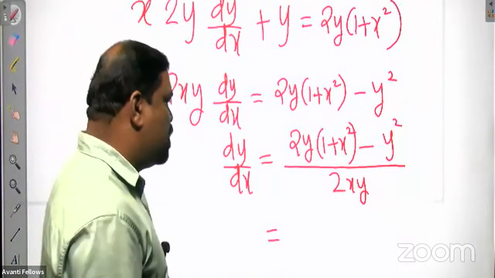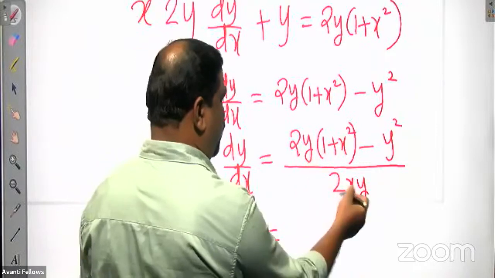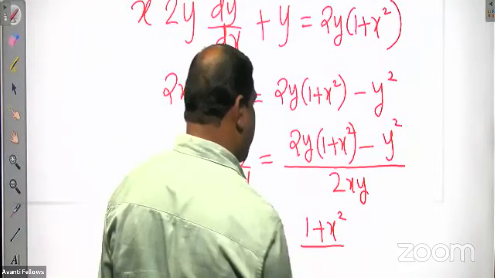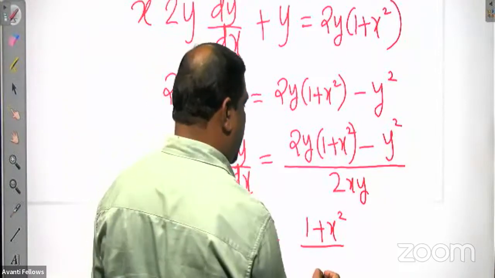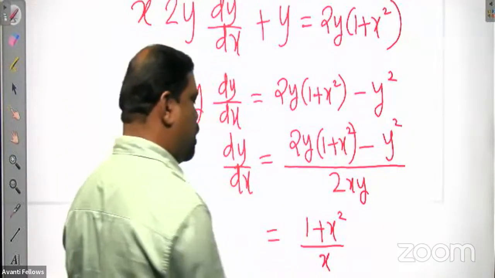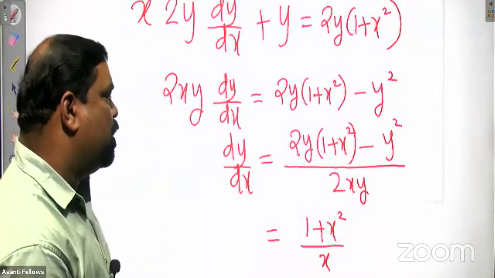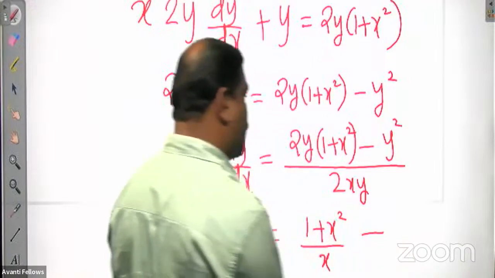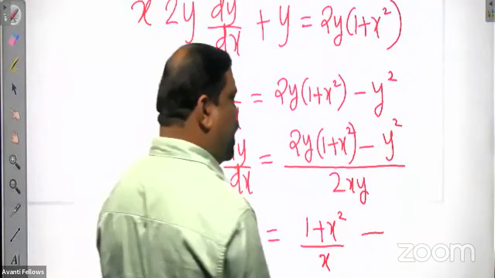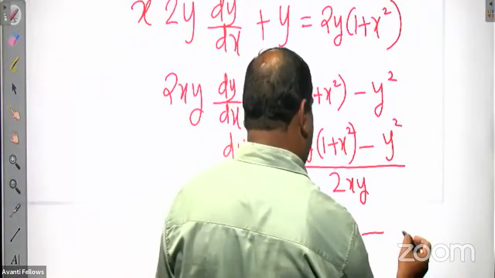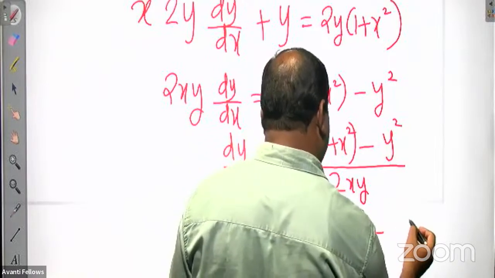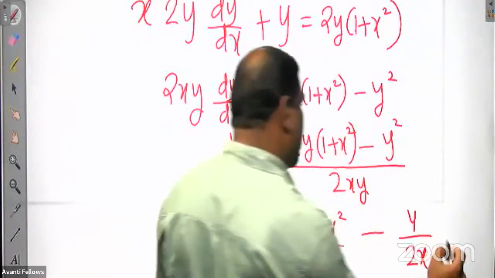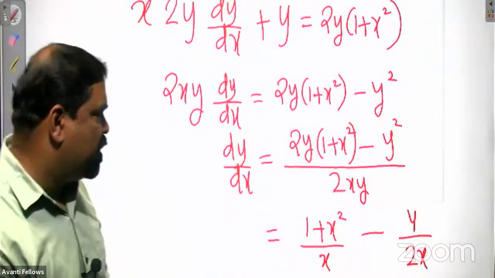So in the first term, 2y cancels. So 1 plus x square divided by x, minus y square by 2xy. Y square by 2xy means y will cancel. You will get y upon 2x. Minus y by 2x. Normal simplification.